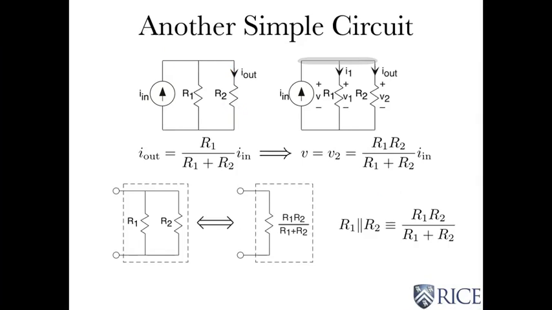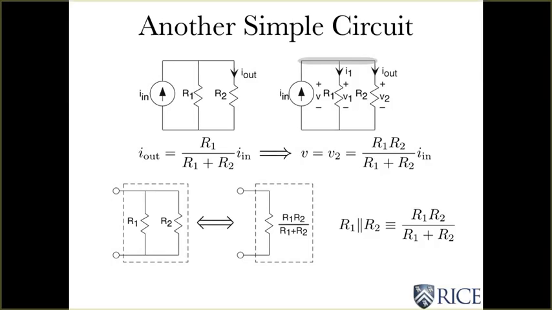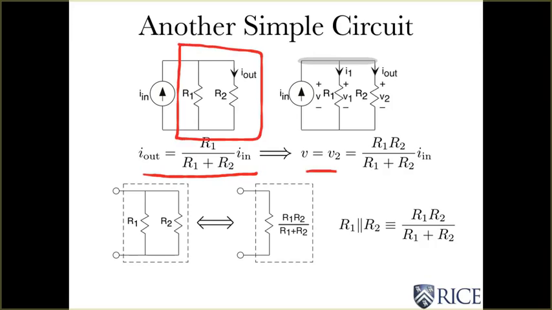Okay, so what does this look like? Well, again, because we get that for the input-output relationship, the only way the current source can see what's going on is to look at its voltage. Well, that voltage is just that.